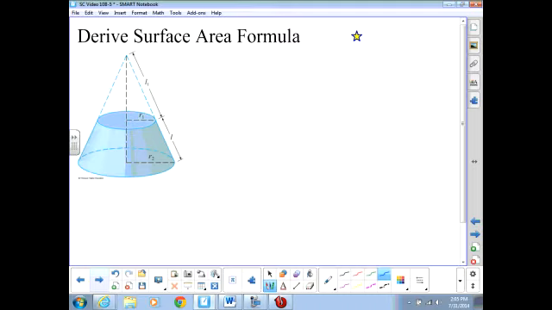Well, we know pi times r times the slant height is your surface area. So first we're going to do the surface area of the whole, minus the surface area that's not needed. And when you do that, that leaves us with the surface area of what we want.